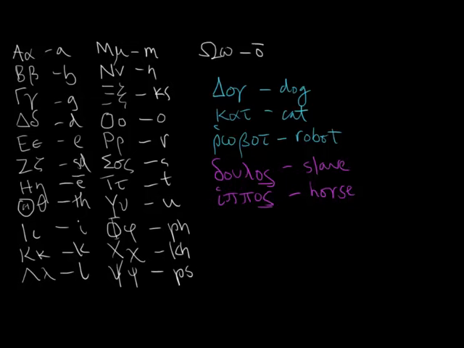So what we'll do is we'll use one last word. So we've got pi, p, alpha, a, upsilon, a, omega, or. But this is another diphthong, a and a, and that is pronounced like the English ow.